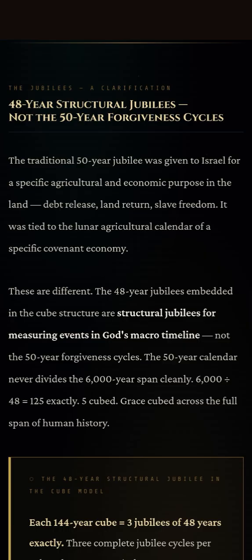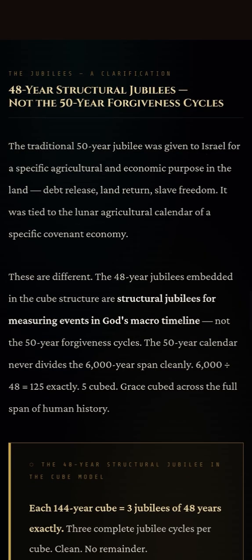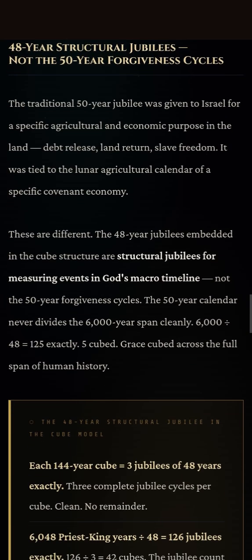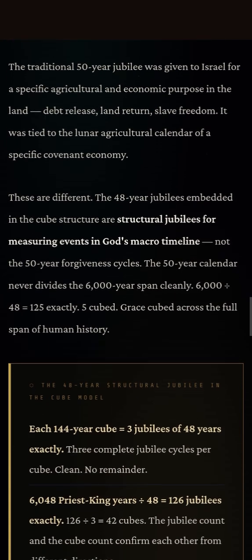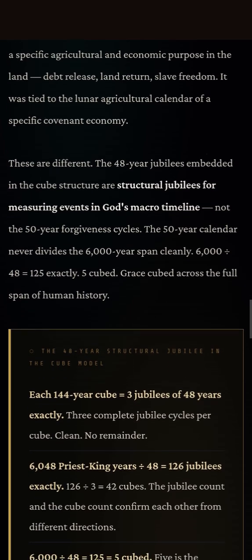Now hear about the jubilees in the cube structure. These are not the traditional 50-year forgiveness cycles given to Israel for land and debt release. Those are a different instrument. These are 48-year structural jubilees for measuring significant events in God's macro timeline.